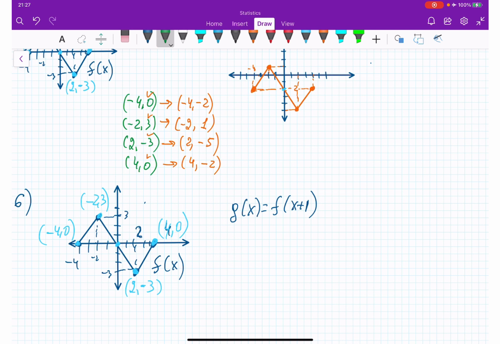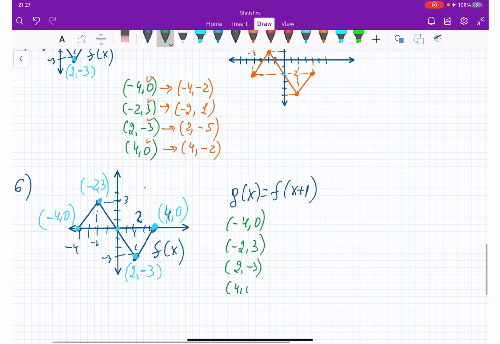So let's write down now. We have negative 4 and 0. We have negative 2 and 3. We have 2 and negative 3. And we have 4 and 0. Now let's transfer to x plus 1, which means I'm going to do minus 1 from every single x.